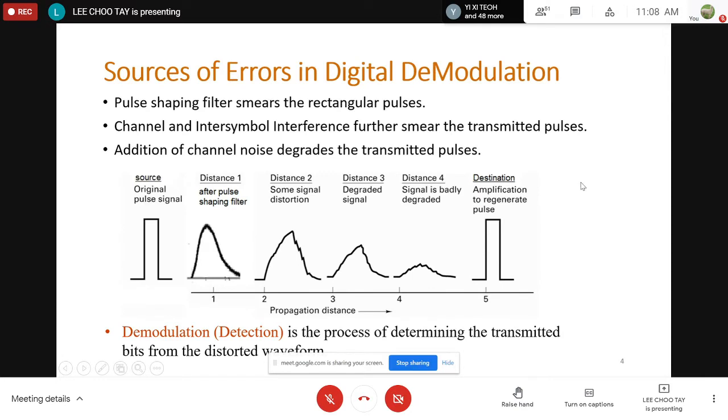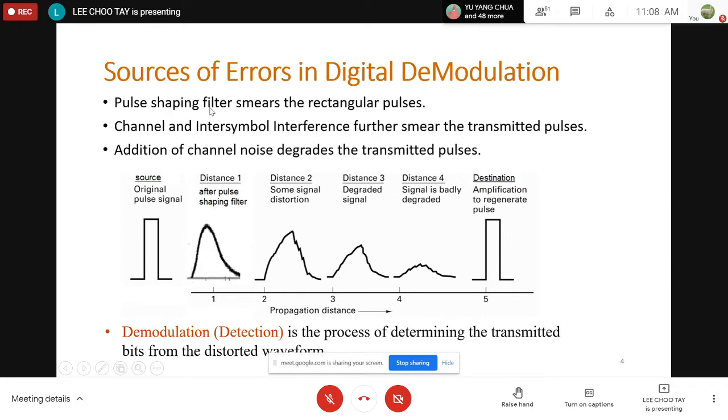This slide outlines the sources of errors in digital modulation. The first one is the pulse shaping filter. Remember in the previous chapter we talked about the pulse shaping filter that we use to shape the pulse.